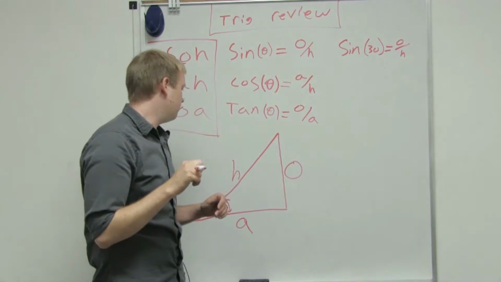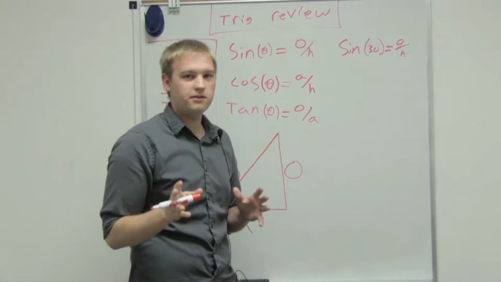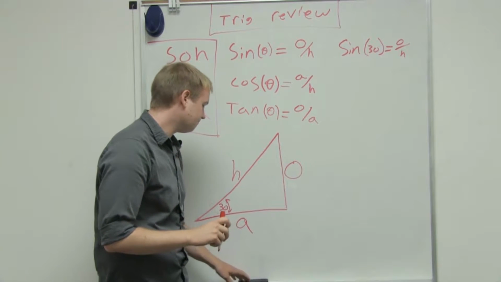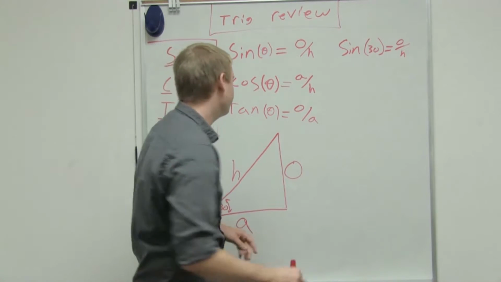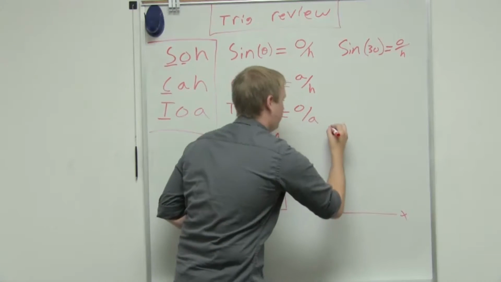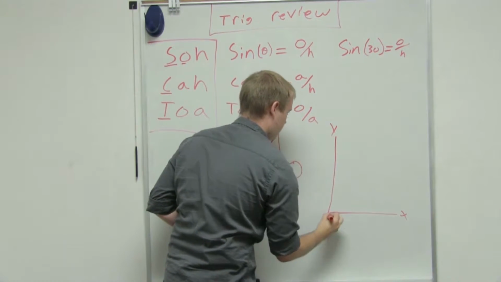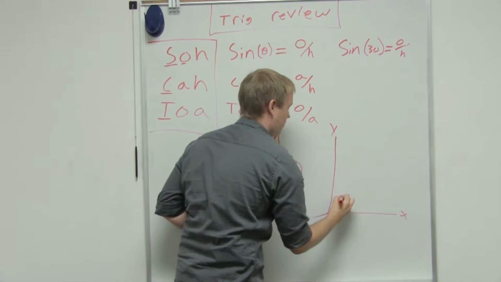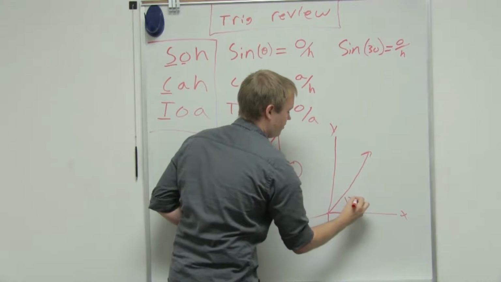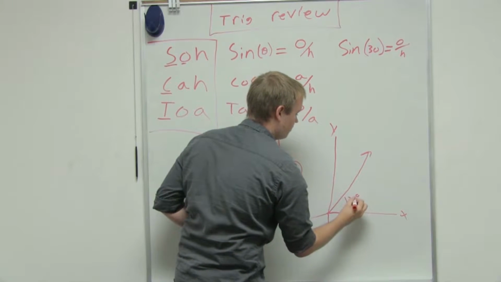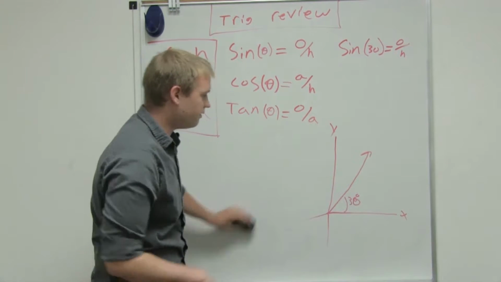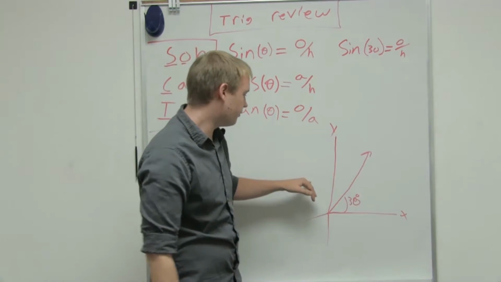Now, the biggest mistake that I always see is people thinking, well, let's put this on a plane first. So if we have our x and our y, then we have our force coming out in this direction. Say we have 30 degrees right here. This is what we're going to be looking at in the problems that we're going to be doing.